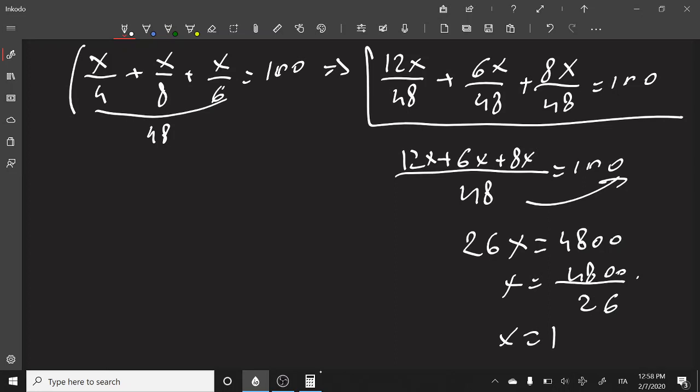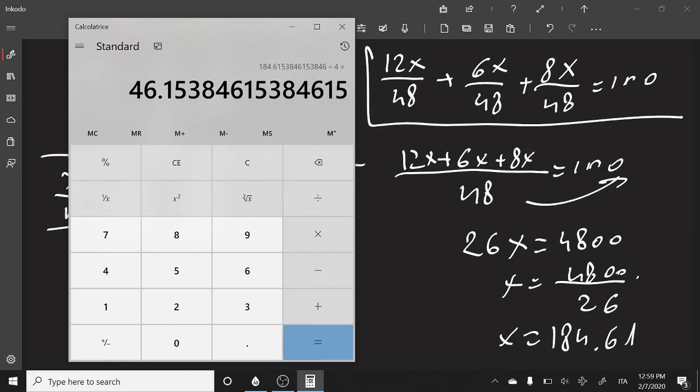Now let's turn back to the previous equation where we said x divided by 4, x divided by 8, and x divided by 6. We're going to find the different x's right here. So the first one is 184.61 divided by 4, which gives us 46.15.